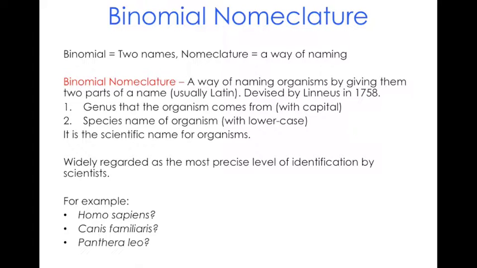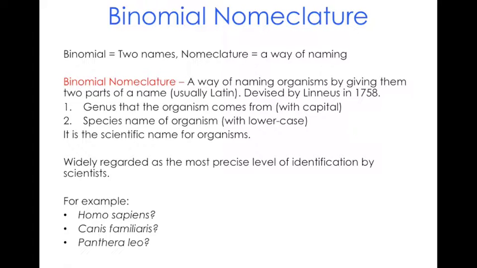The word binomial means two names, and nomenclature means a way in which we name. So we name them by giving two parts of the name. Both of them are usually in Latin, and that's why we don't always understand it. It was devised by a man named Linnaeus in 1758. He would put the genus name of the organism first, and then the species name second.